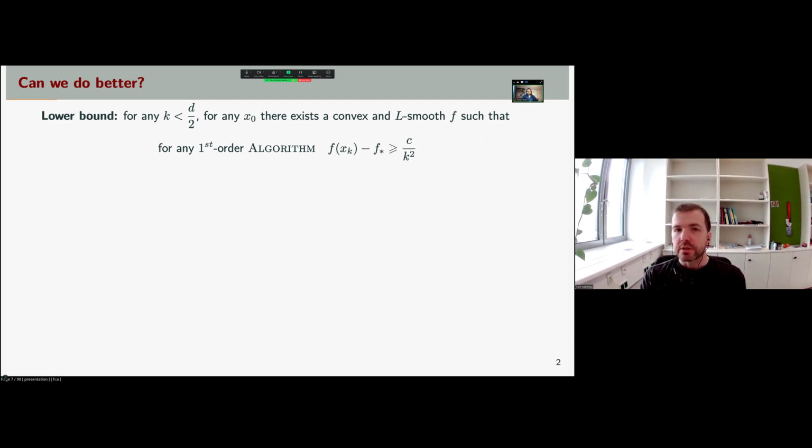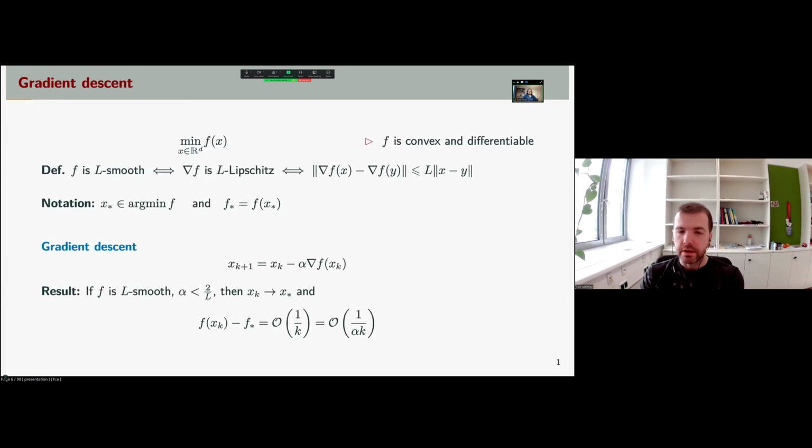If our dimension is high enough, then there is some nice convex L-smooth function for which any of this kind of first-order algorithm cannot beat some constant divided by k squared. You cannot get better than this because you can just construct a very bad quadratic function so that any of these first-order algorithms won't be faster. That's how you show it. But still, right, the previous algorithm gave us 1 over k.